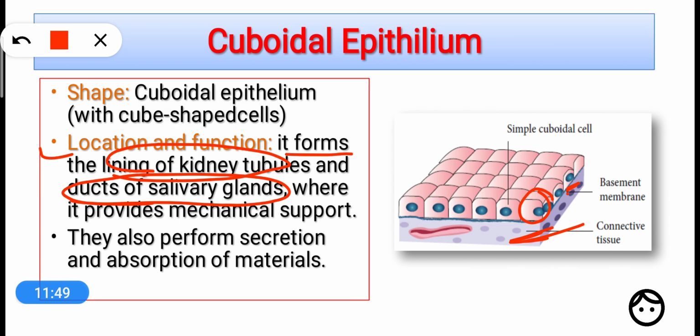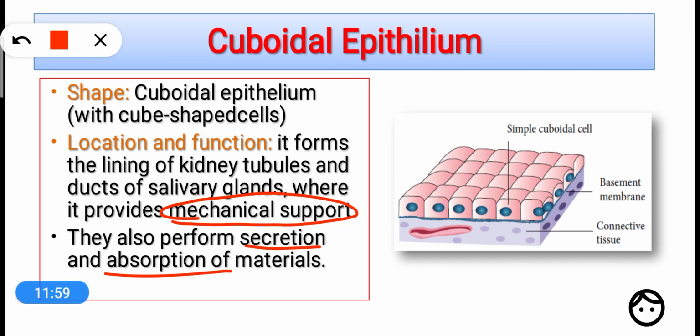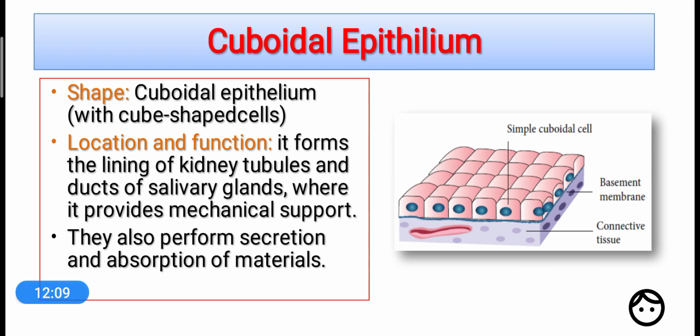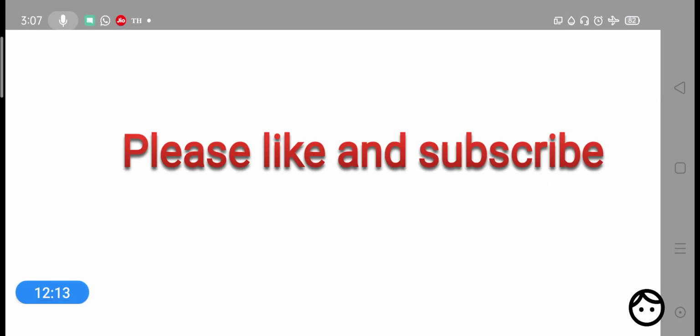Okay, so the cuboidal epithelium provides mechanical support, and also it performs secretion and absorption of materials in certain locations. Cuboidal epithelium is found in other locations also, and there it performs the function of secretion and absorption, exactly like columnar epithelium.